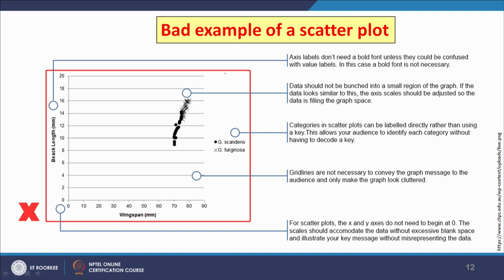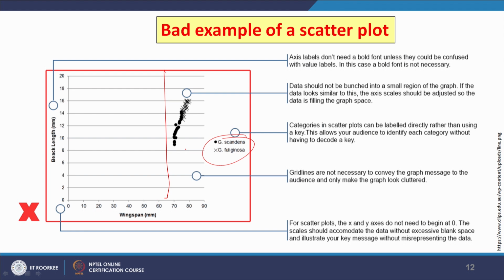This is the bad example of a scatter plot because a large area is underutilized, and this relationship is concentrated only in a small part. So, what should have been done is that instead of having values between 0 to 90, the values should be chosen between 60 to 90, and similarly here, instead of values between 0 to 20, the values should have been chosen between 8 to say 18, and therefore the relationship between the two data sets would have come very clearly, nicely and understandably.